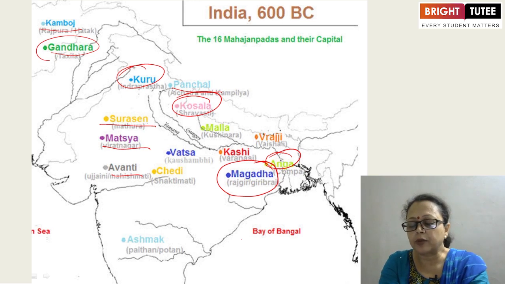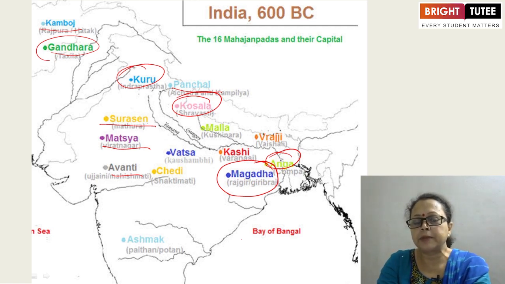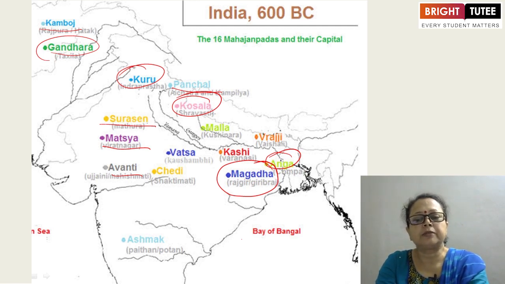Kamboja, its capital was Rajpura. Gandhara, its capital was Taxila. Kuru, its capital was Indraprastha. Everywhere on the map, the name is given along with the capital city. So the concept of a state was there along with the capital city of the state.